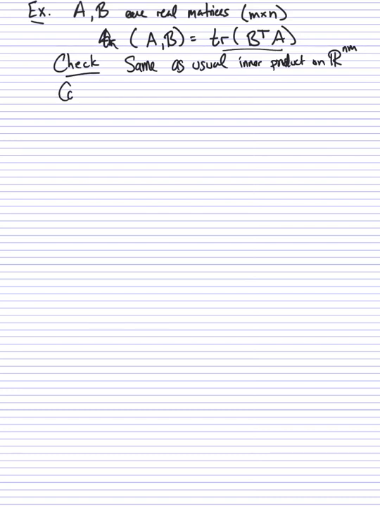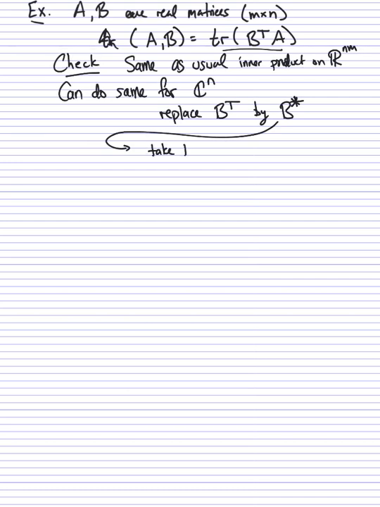So you can do the same for complex matrices, but then you have to replace B transpose by B star, where you take the transpose plus conjugation, so you take z to z bar for every entry in the matrix.